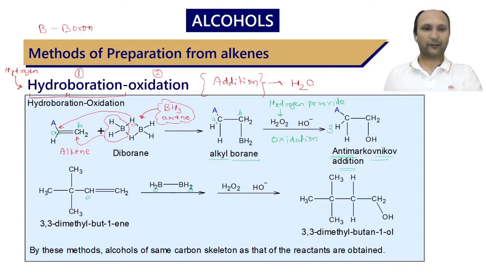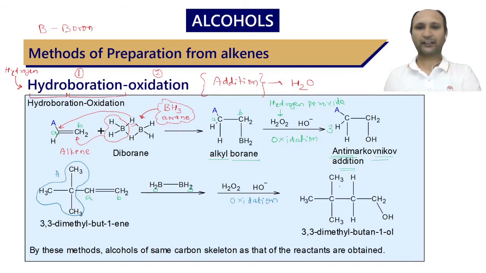Here again we will find that this is our carbon number A and this is our carbon number B. As before, we have this moiety as the substitution A, and again you just try to draw the alkyl borane for this 3,3-dimethylbutene, which will then react with H2O2 to undergo the oxidation reaction and form an alcohol which is 3,3-dimethylbutan-1-ol.